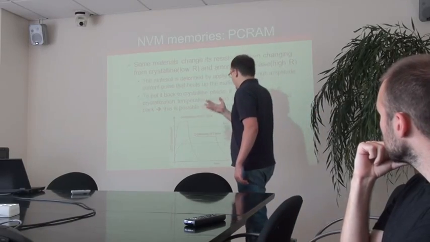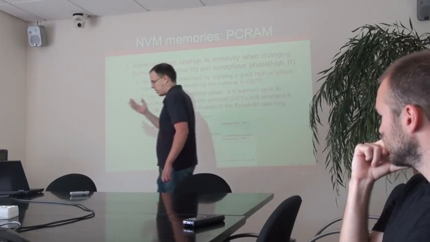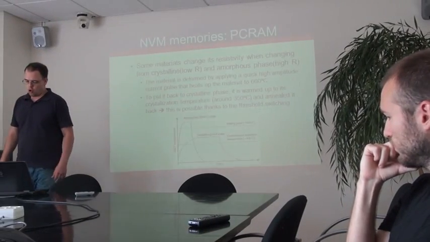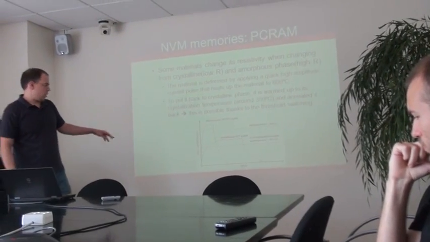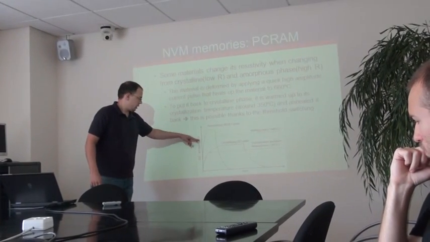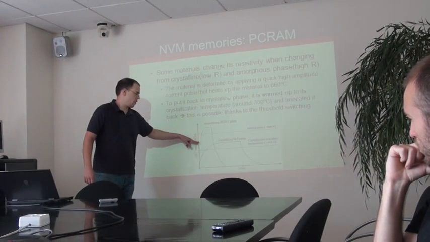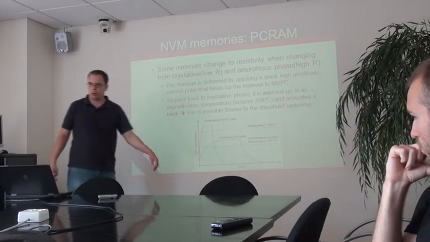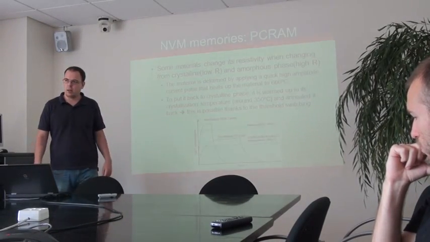So the temperature rises up, and the material starts to conduct. Then you don't have to heat it up to the maximum temperature, only to 300 degrees, and nail it back.